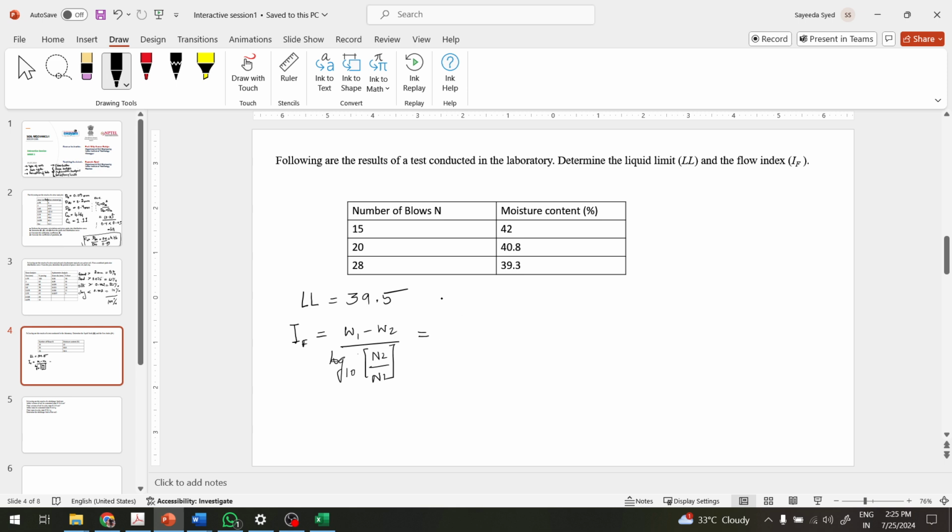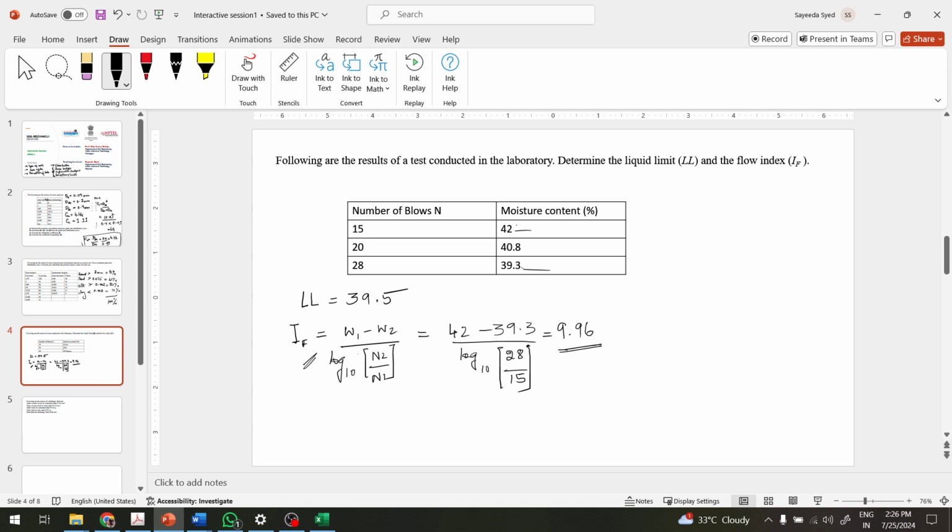Let's take these two values: 42 minus 39.3 over log to the base 10 of 28 over 15. So let's calculate. We will get a value of 9.96. This will be the IF value for our soil.